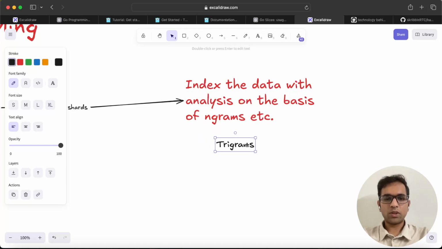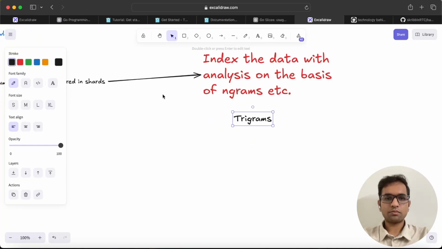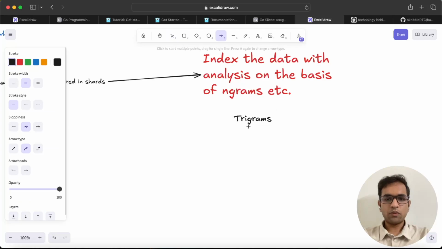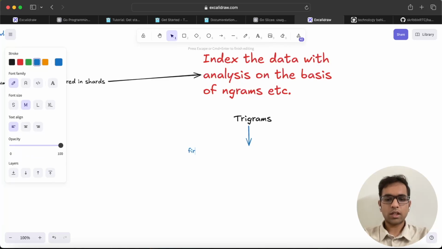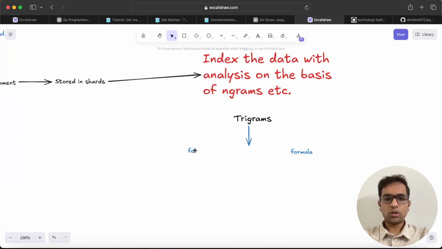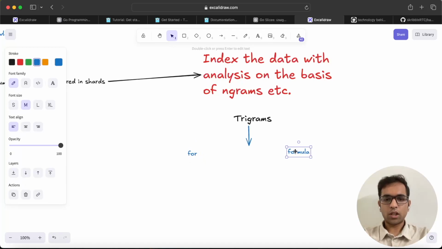The problem with trigrams is this: let's say we have a string called for, and then we have a string called formula. Let's see what the trigrams of formula are.